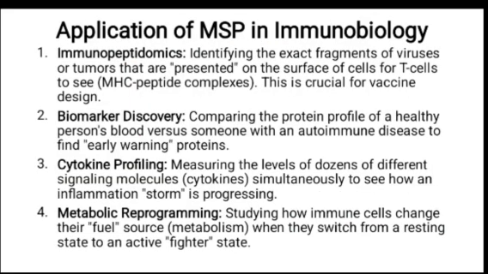That's a vast application. One of the applications is immunopeptidomics, identifying the exact fragment of the antigen, which can be either a fragment of viruses, a fragment of tumor cell, or a fragment of another organism, on the surface of either the T cell. If it is T cell, on the surface of the major histocompatibility complex.